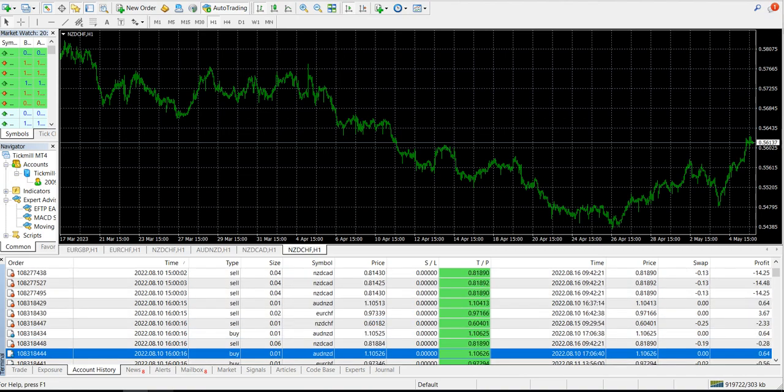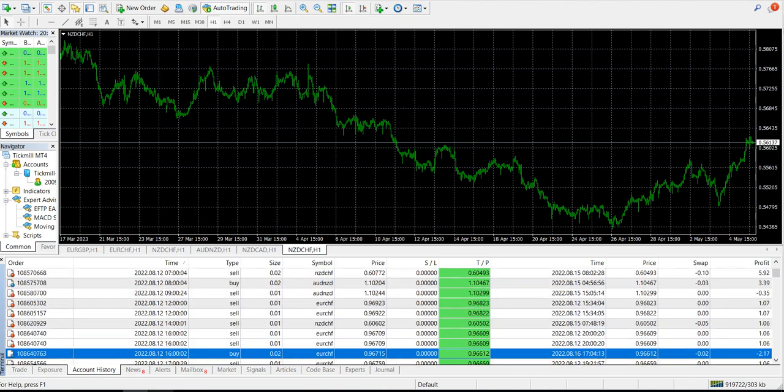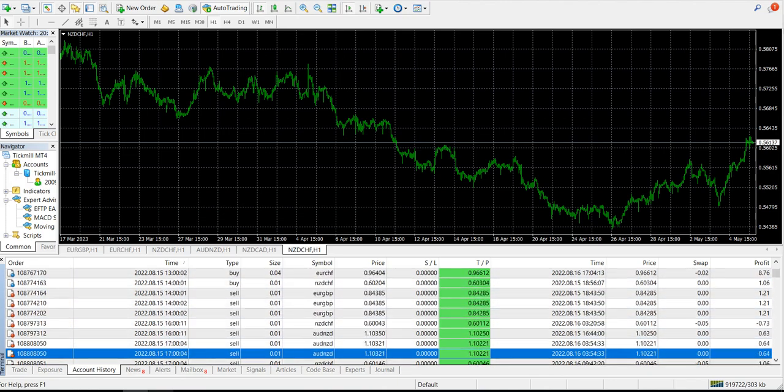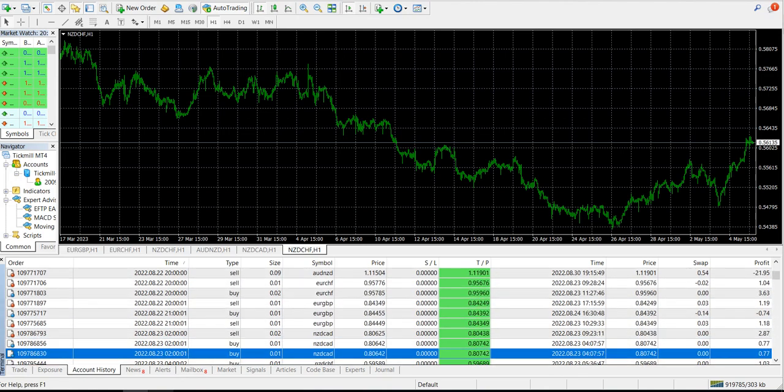That was my mistake, but whoever has taken EFTP from me, I used to suggest them to diversify the pairs. If you would like to take 1 Euro pair, that is fine, 1 USD pair, that is fine, 1 NZD pair, that is fine, and 1 Australian dollar, that is also fine. Just make it diversified. In this case, if anything bad or good happens in the New Zealand dollar, it will impact all 3 pairs together: NZD CHF, NZD CAD, and even Australian dollar NZD, because NZD is a part of that.